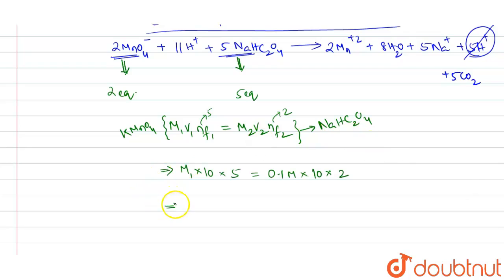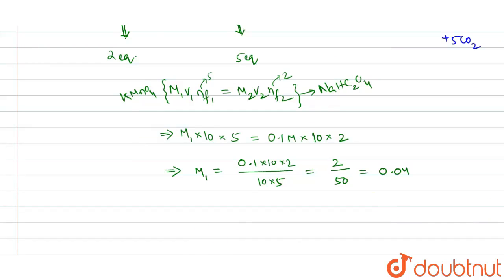So from this equation we can find M1, which is equal to 0.1 into 10 into 2 divided by 10 into 5. So this will be equal to 2 by 50, which is equal to 0.04.